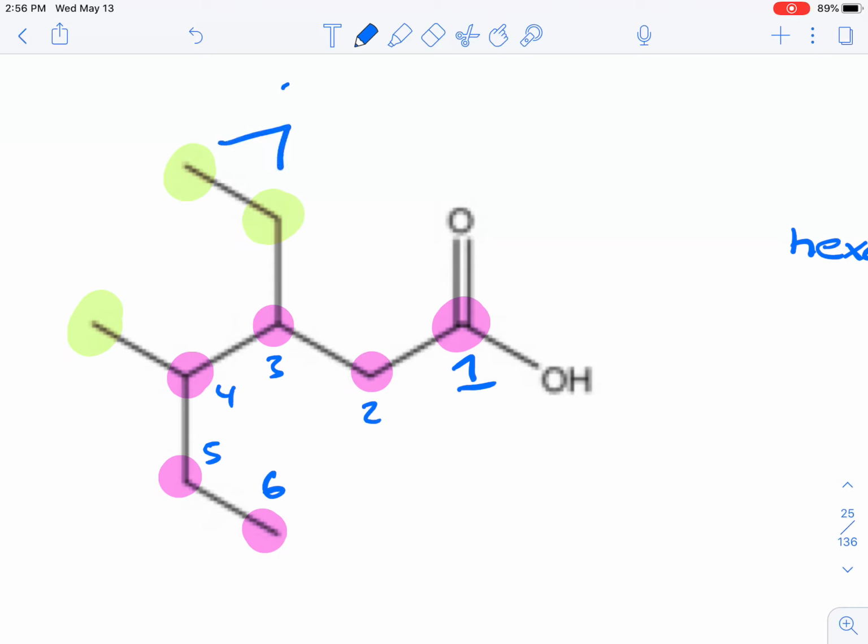So here I have a 2-carbon substituent, and I already figured out my numbering system because carboxylic acids are always carbon number 1. And so since I have a 2-carbon compound, that's going to be an ethyl. And that ethyl is on carbon number 3.